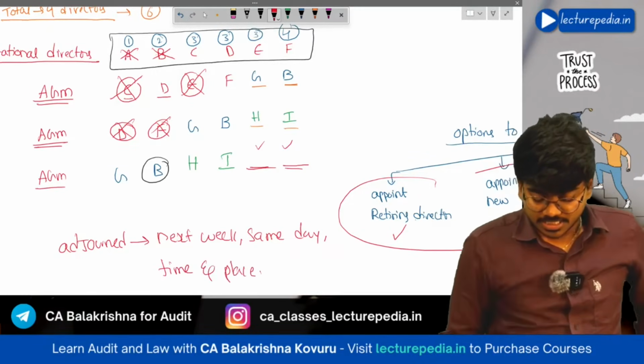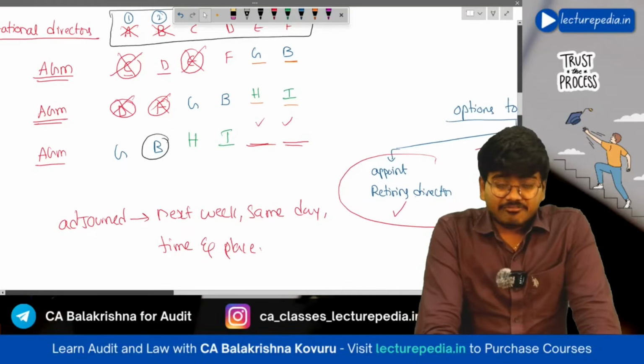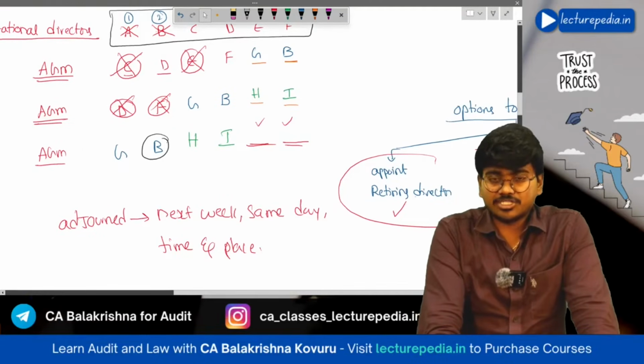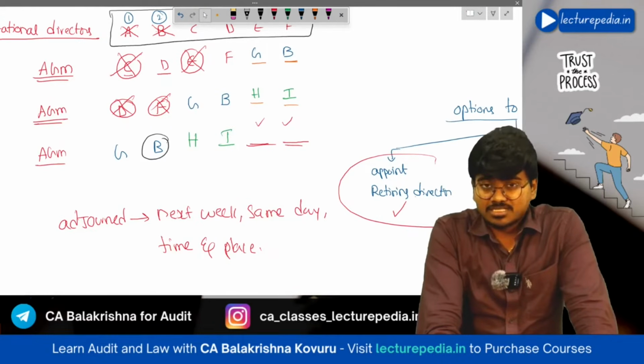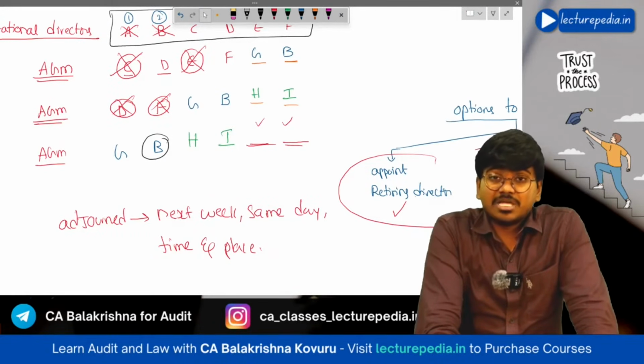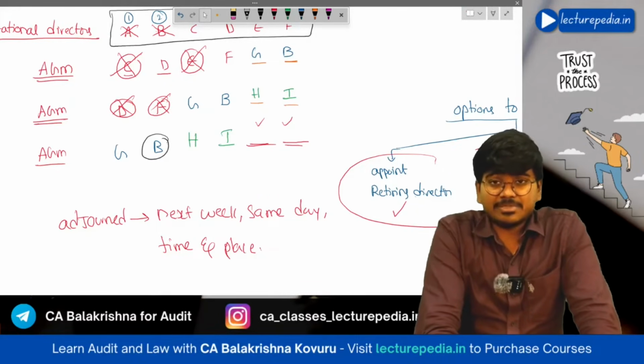If the vacancies have not been filled by the shareholders and the AGM has completed without filling them, then the AGM will be adjourned to the next week, same day, same place, same time.